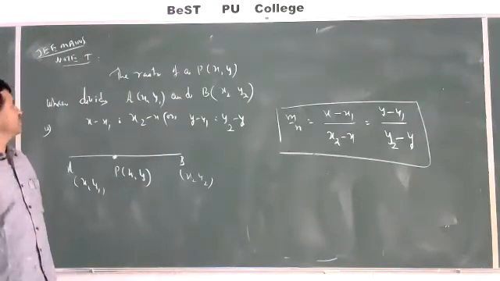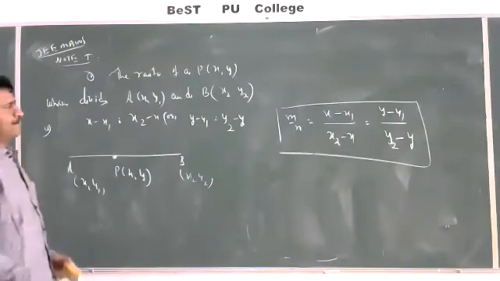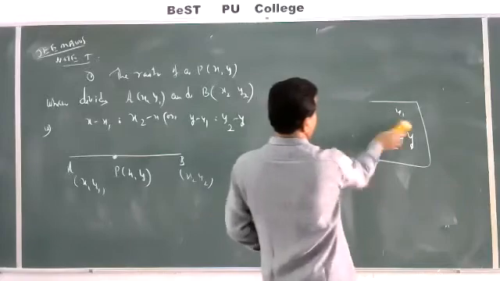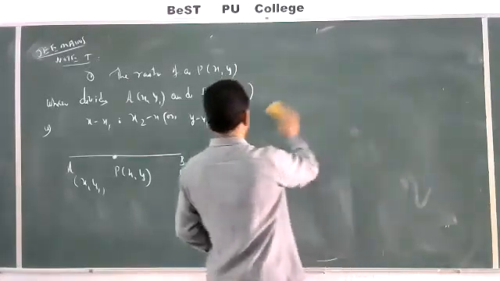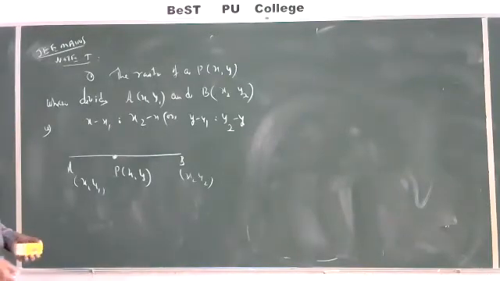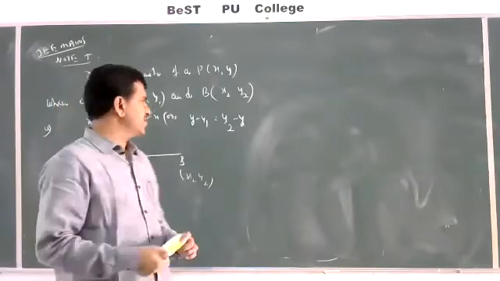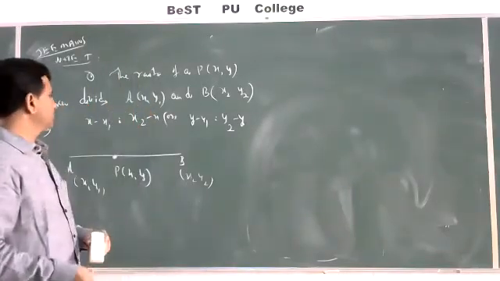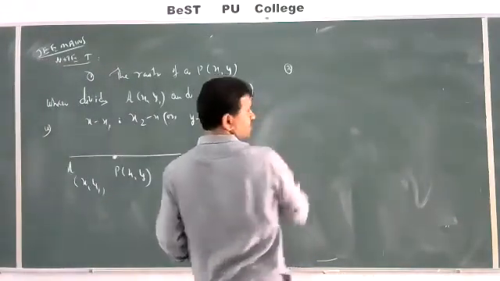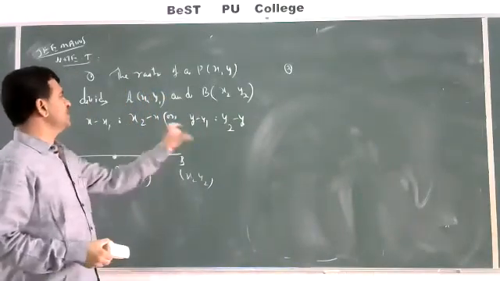Okay, now done. Next, second point. This is the first point. Second point: if the ratio is positive, P is an internal division point.